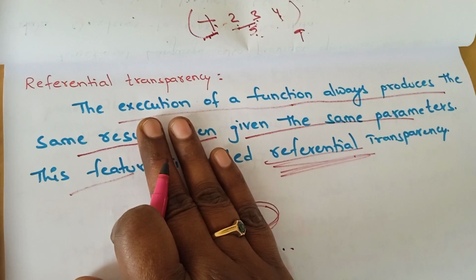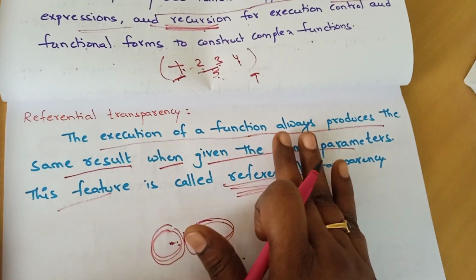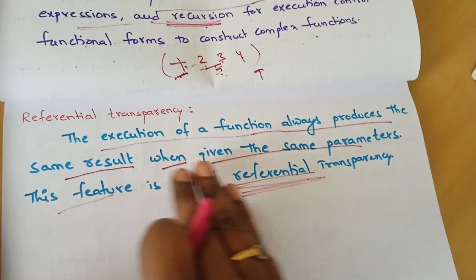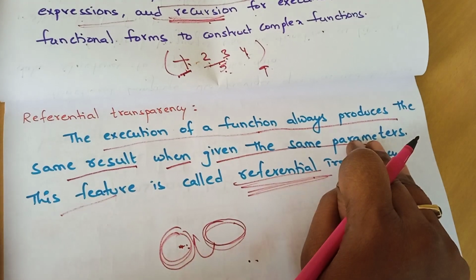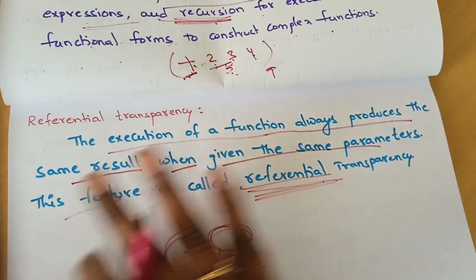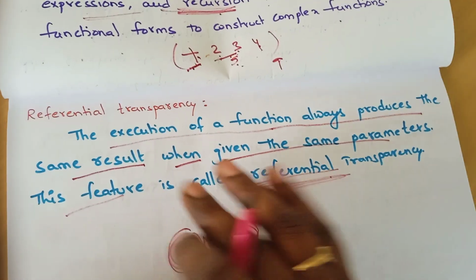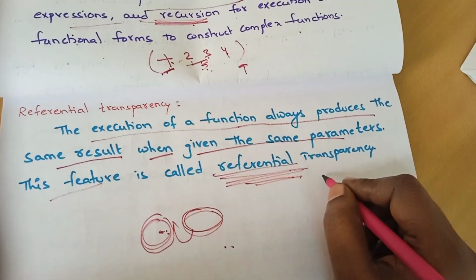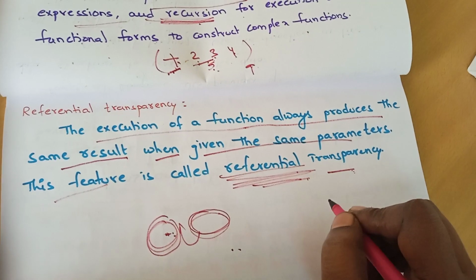But referential transparency is that a function always produces the same result when given the same parameters. This feature is not there in imperative. This feature is there in functional programming languages, and hence it is called referential transparency.